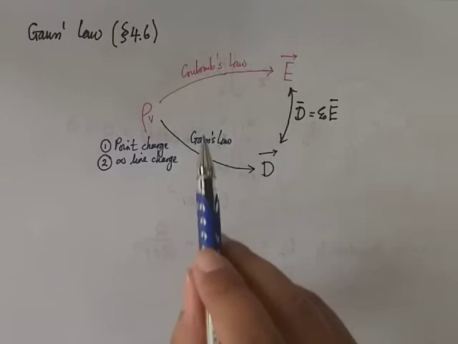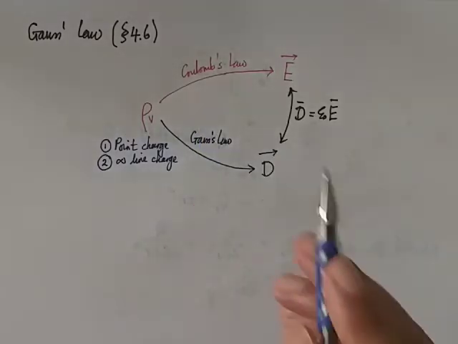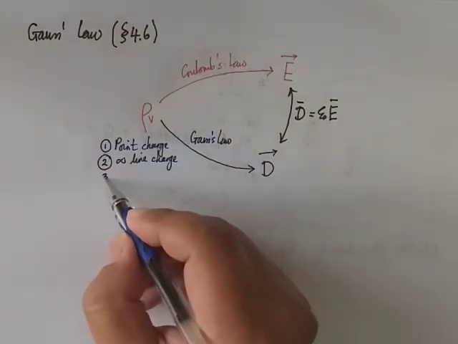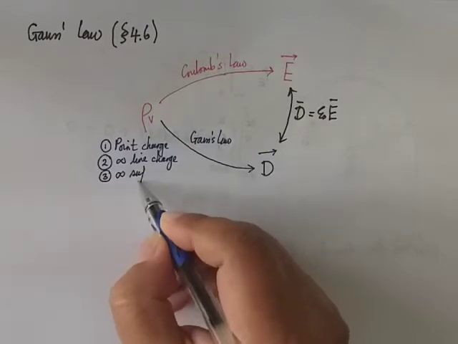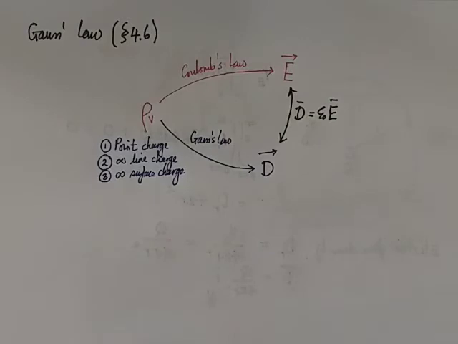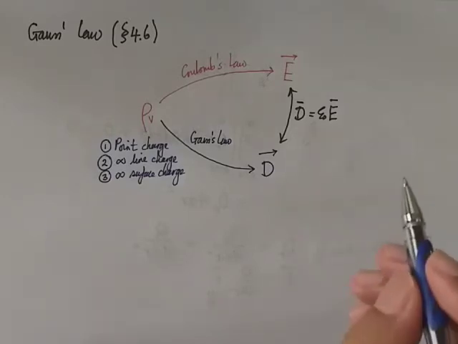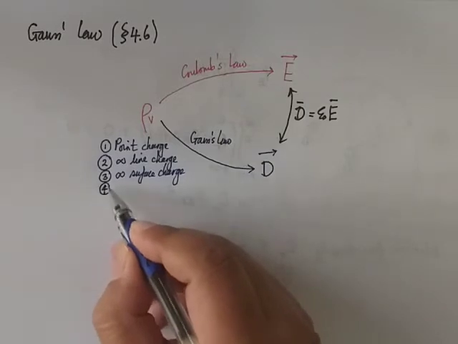You must use Coulomb's law, as we did in our previous example. Okay, case number 3, infinite surface charge. We have done examples regarding finite surface charge and infinite surface charge under the category of Coulomb's law. But for Gauss's law, it is only applicable when we have an infinite surface charge. And finally, we can say here, volume charge.